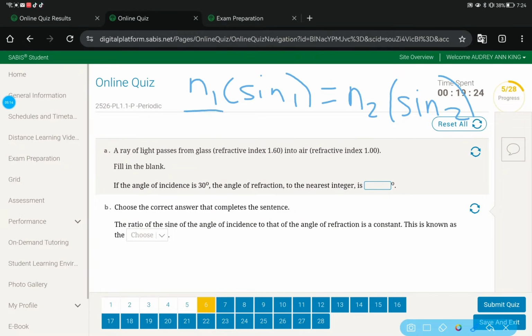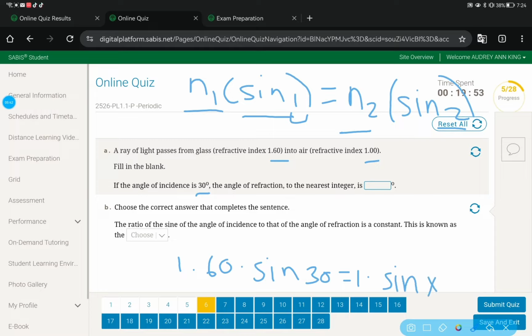The first index of refraction they give us is 1.60. The first angle they give us is 30. The second index is 1. The second angle we need to find. So let's replace: 1.60 multiplied by sine 30 equals 1 times sine x, which is essentially just sine x.